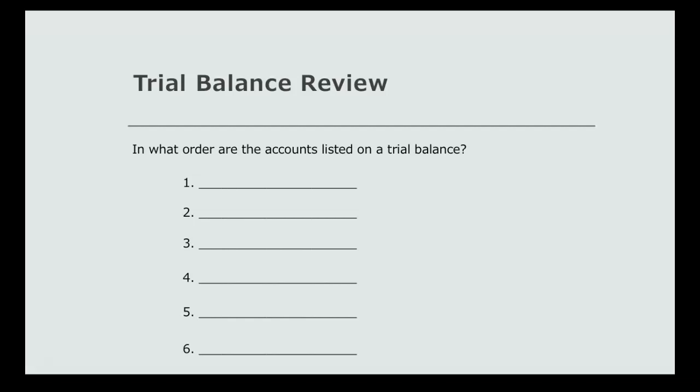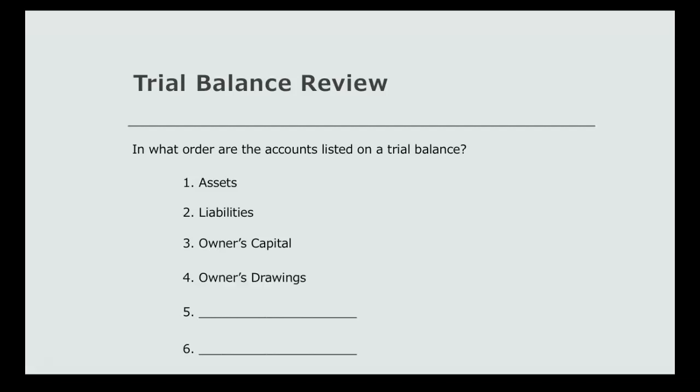But these accounts have to be listed in a specific order. The way that we're going to list these out is assets, then liabilities, owner's capital, owner's drawings, revenues, and expenses. That might look familiar because that is the expanded accounting equation.